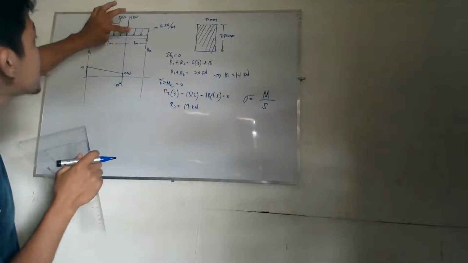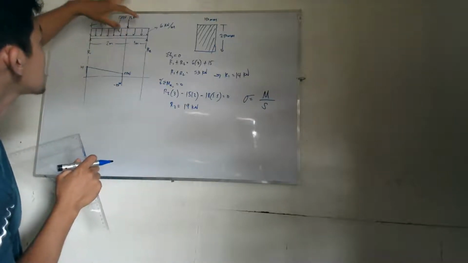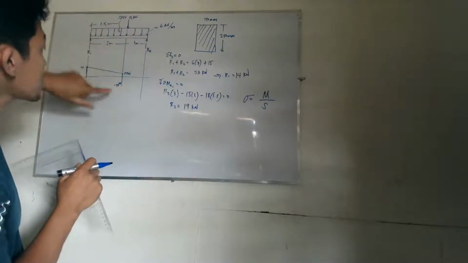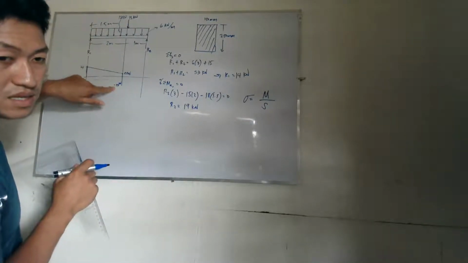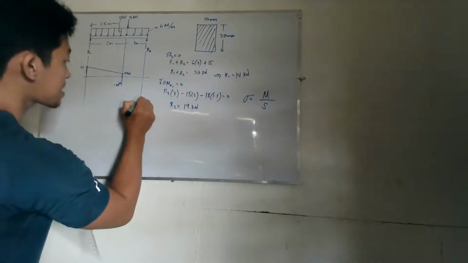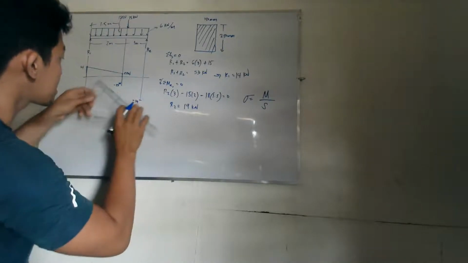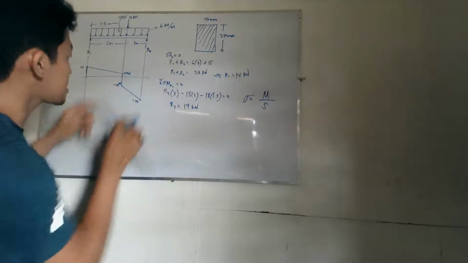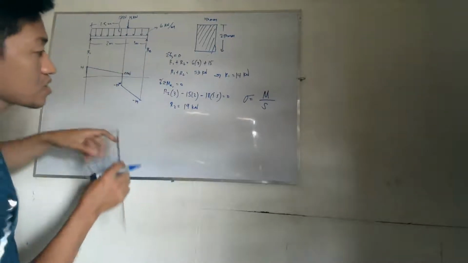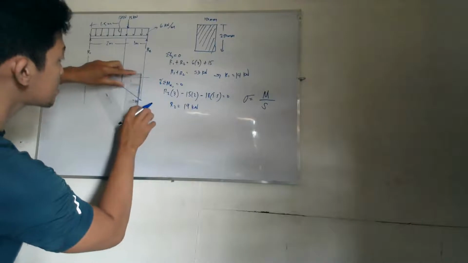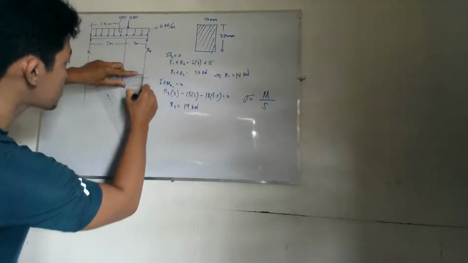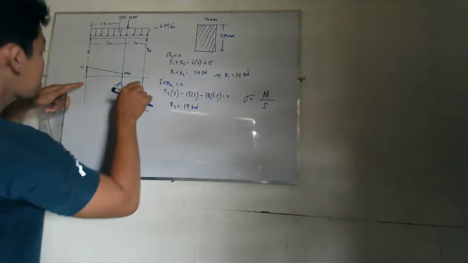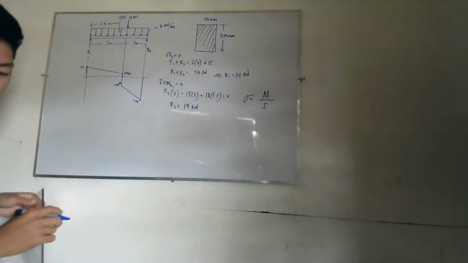And then padung na po ni 1 meter, 6. So down ka og 6. So 13, down og 6, negative 19. Okay? And then ang R2, 19. So mosaka 0. Okay? So for simply supported beam, balik na sa 0.